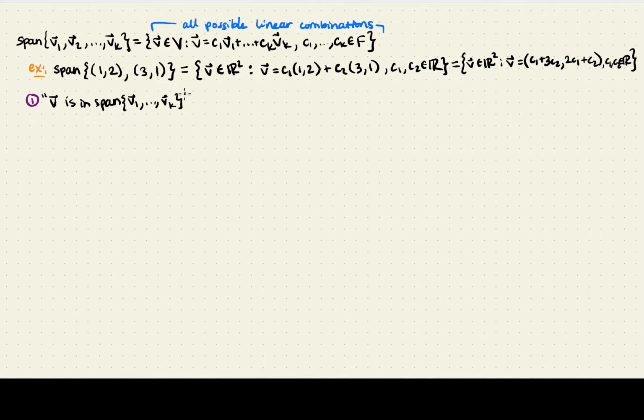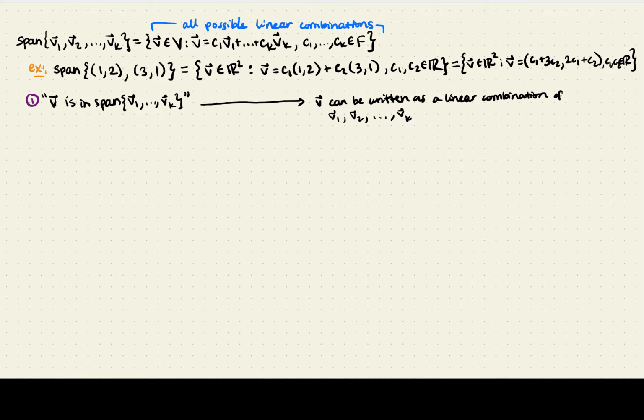What does that mean? That means that the vector V can be written as a linear combination of the vectors in that set, V1, V2, all the way to Vk.